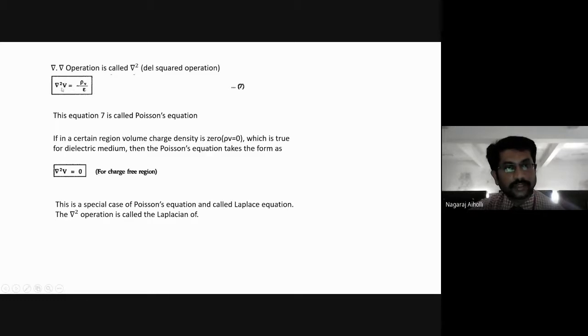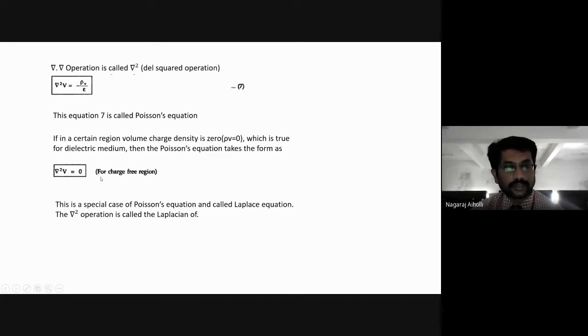That is from Poisson's equation. Poisson's equation is del square V equal to minus rho V by epsilon. If you substitute rho V equal to 0 here, we get del square V equal to 0, which is our Laplace equation. So now we want to ultimately find out whether there is a charge existing in the region or not. If there is charge, then there is electric field. If there is no charge, then there is no electric field, correct?